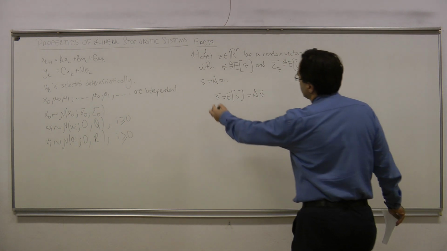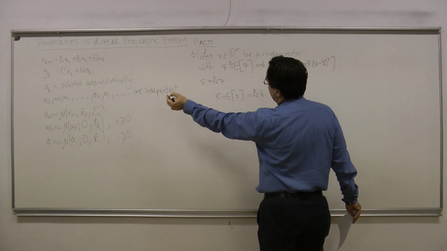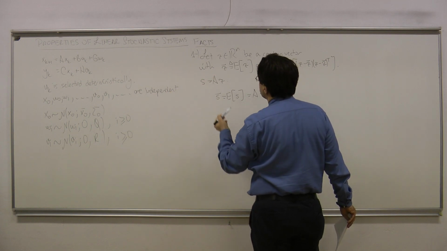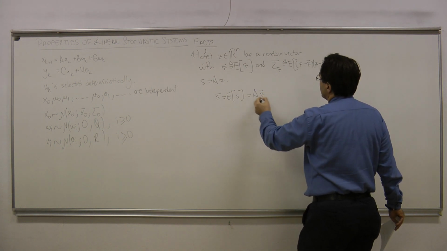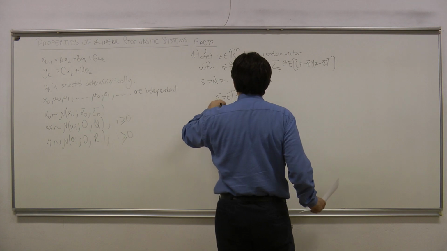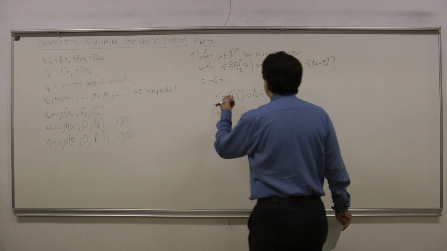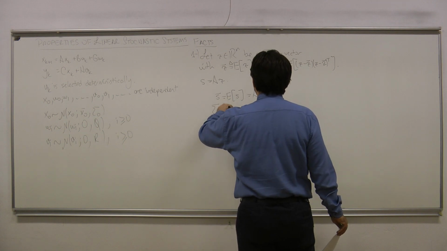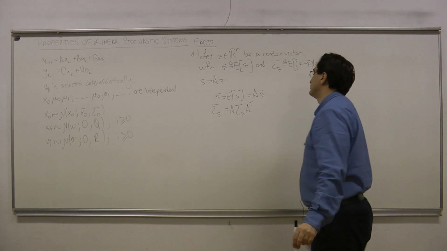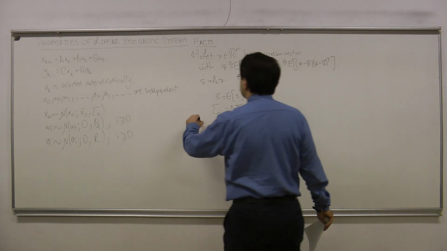If I take the expectation of both sides, then A, it's deterministic, can get outside the expectation, and I need to take only the expectation of Z, and that gives me this formula. And when I calculate the covariance of the random vector S, then that can be shown to be A times sigma_Z times A transpose. Okay? Just prove this yourselves.